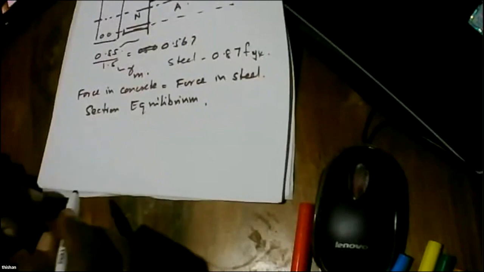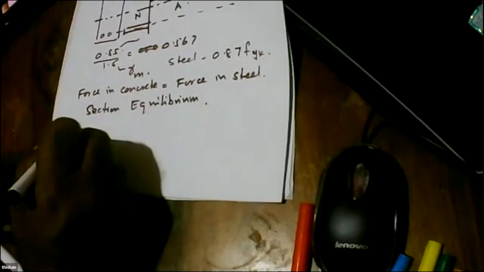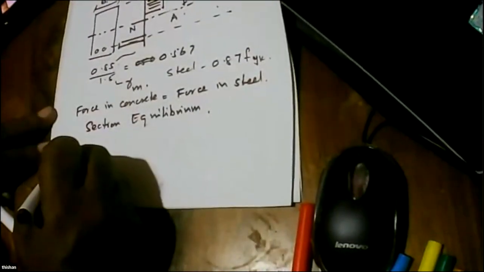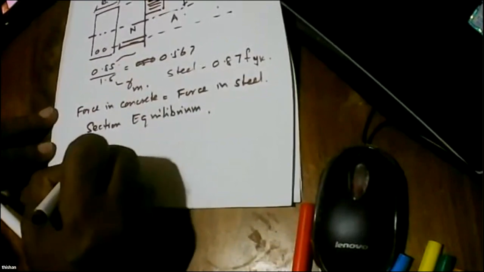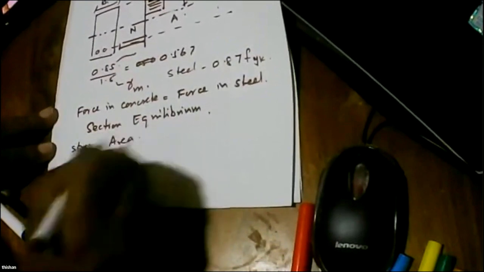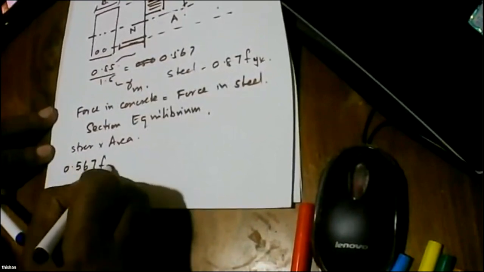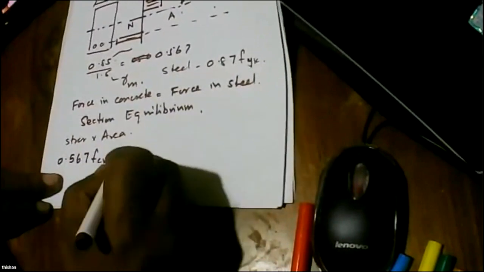So that means force in concrete is equal to force in steel. What is the force in concrete? We have a section having a breadth B, and force is stress multiplied by area. What is the stress? 0.567 FCK multiplied by area. What is the area?